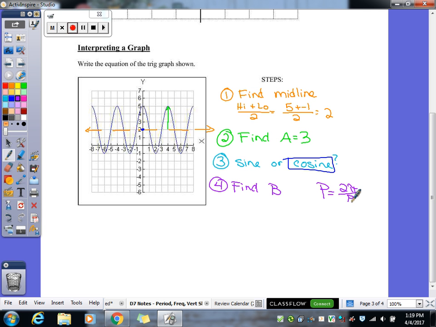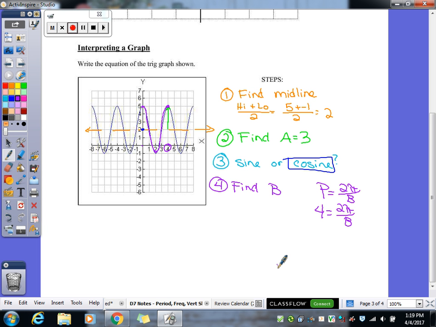So if we look at the graph, the period is the time it takes for it to complete one entire curve. So my cosine curve starts here, it goes down, comes back up, and it stops here. So how long did that take? From 0 to 4. So our period was 4.